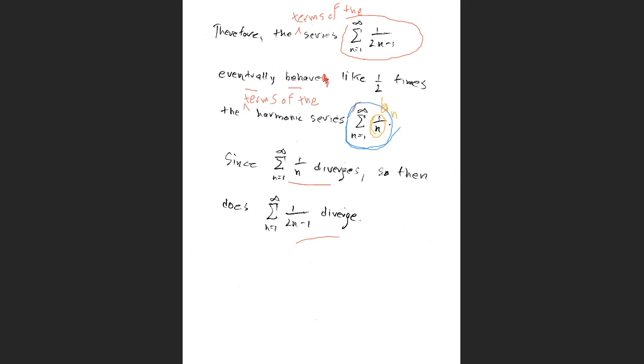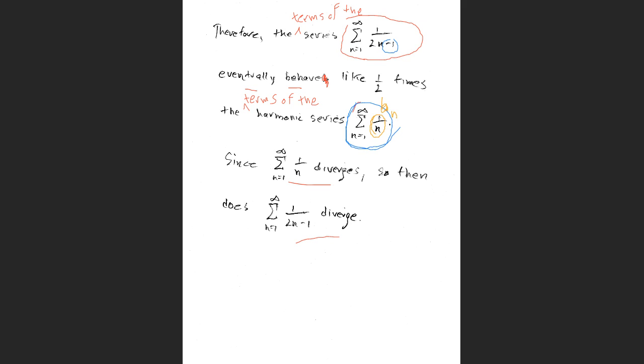I have to compare my series to some other series. I'm choosing to compare it to the harmonic series. And the nth term in the harmonic series is 1 over n. That's why I got the 1 over n. In the series 1 over 2n minus 1, the negative 1, when n is large, is not going to be a big influence, right?